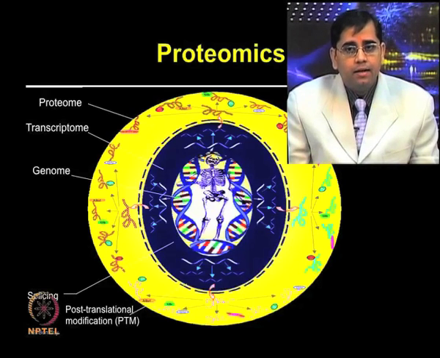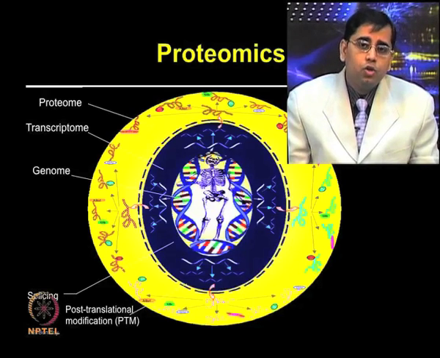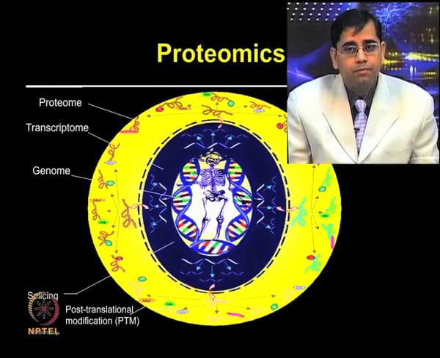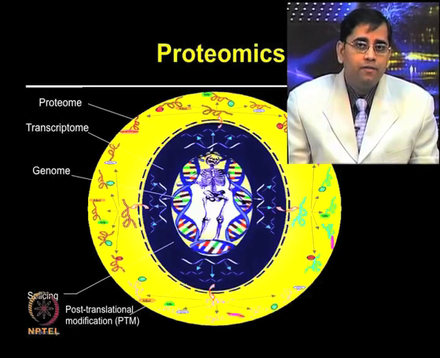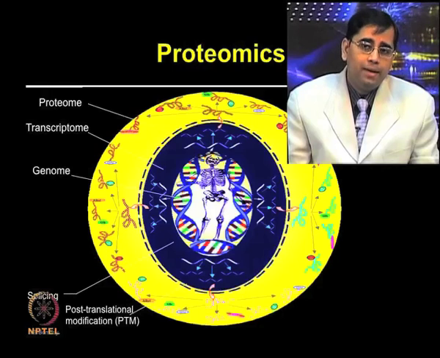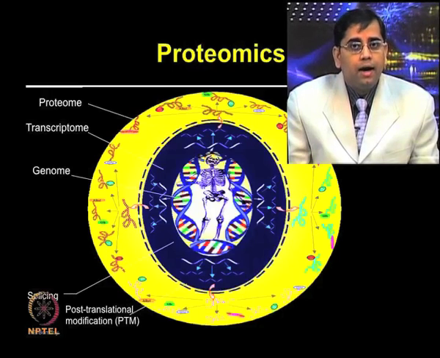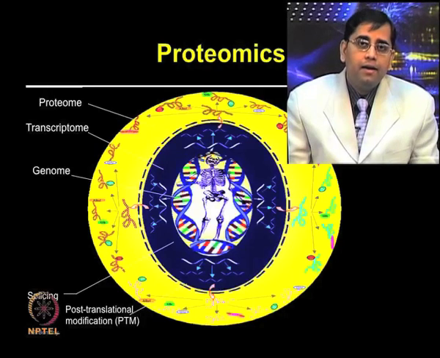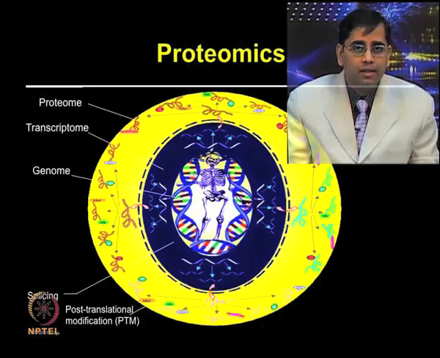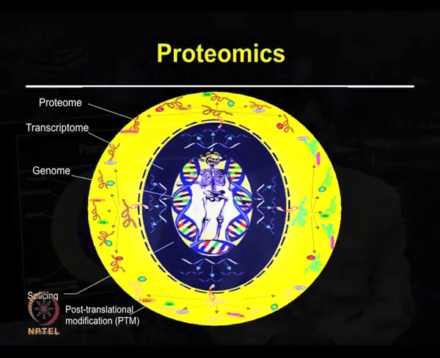In this slide, I have illustrated the complexity of the human proteome as compared to the genome or transcriptome. The extent of diversity and complexity due to alternative splicing and post-translational modifications is tremendous.